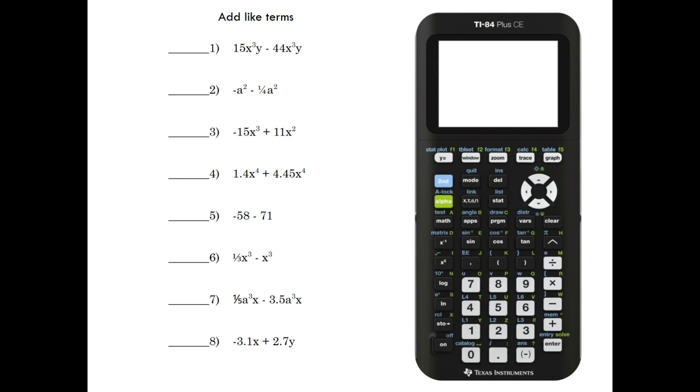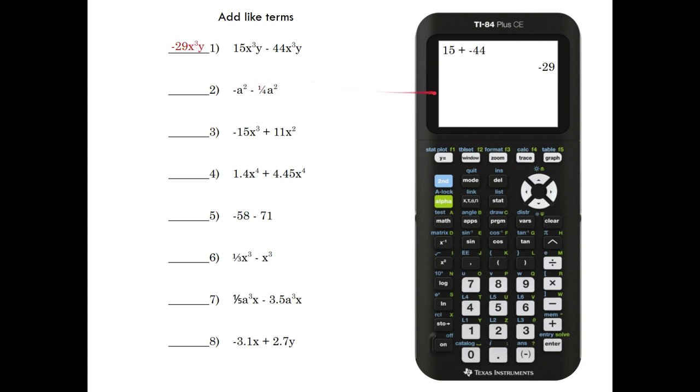So number 1 is 15x cubed y minus 44x cubed y. They have the same variables with the same exponents, so therefore you can add them together. 15 plus a negative 44, you add the coefficients, is negative 29, or you can do 15 minus 44 and you get negative 29. The answer is negative 29x cubed y, not just negative 29.